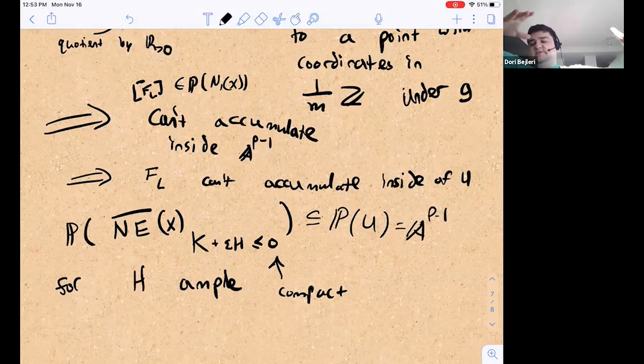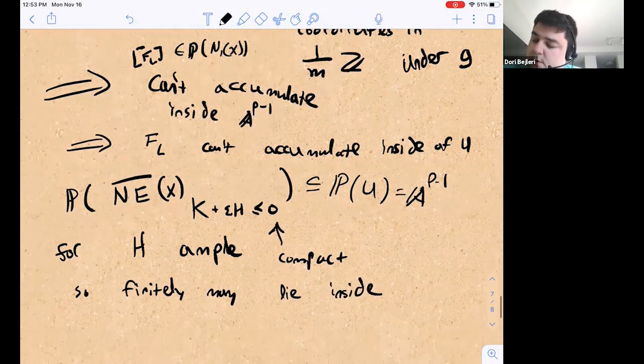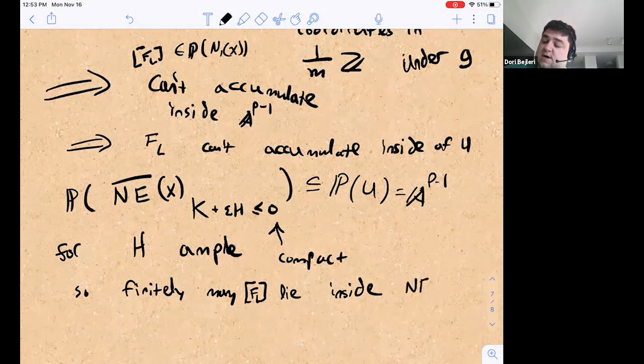And when we intersect them with this compact subset, we have to get finitely many. So finitely many classes of FL, so finitely many classes in this projectivization of these lines lie inside this compact subset.